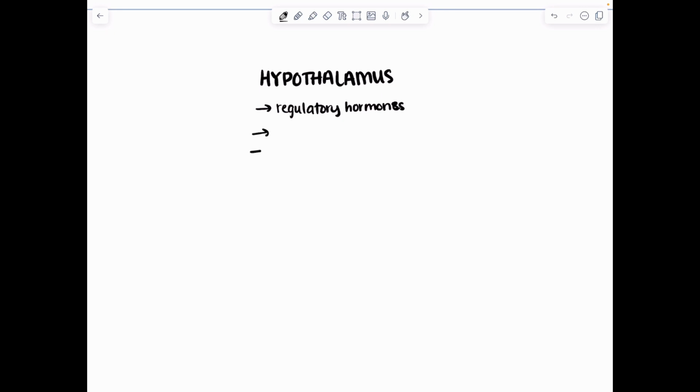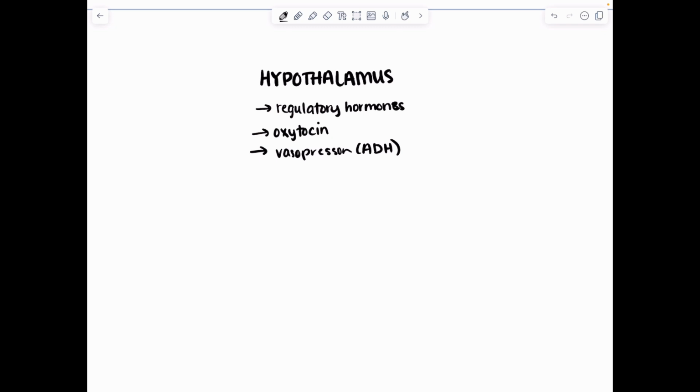It also creates two specific hormones. The two hormones it makes are oxytocin, as well as vasopressin, which is another term for ADH.